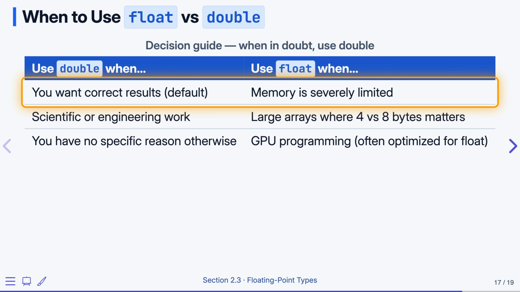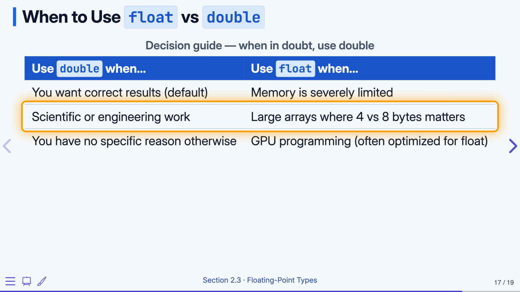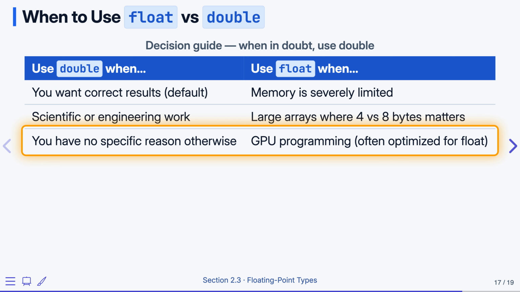So when do you use each one? Use double when you want correct results. That is the default. Use float only when memory is severely limited. Use double for scientific or engineering work. Use float for large arrays, where 4 bytes versus 8 bytes really matters. Use double when you have no specific reason to do otherwise.